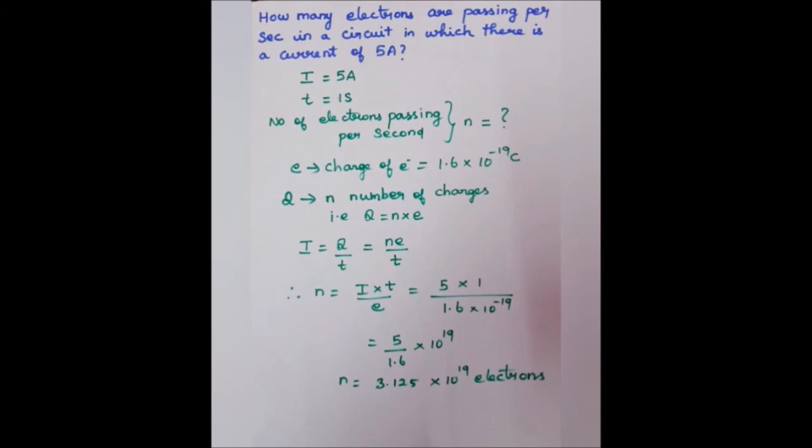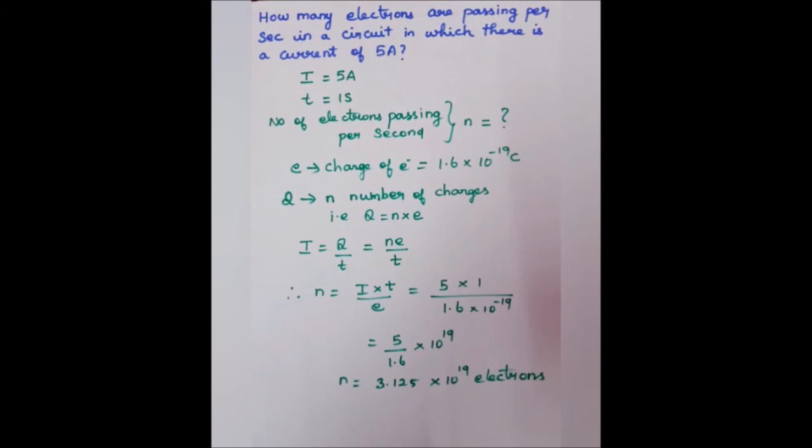You have to calculate how many electrons are passing at 5 ampere current in 1 second. For that, you should know the charge of an electron. That is equal to 1.6 into 10 power minus 19 coulomb. Net charge Q equals number of electrons into charge of electron, that is Q equals N into E.